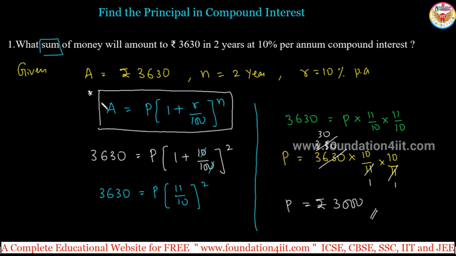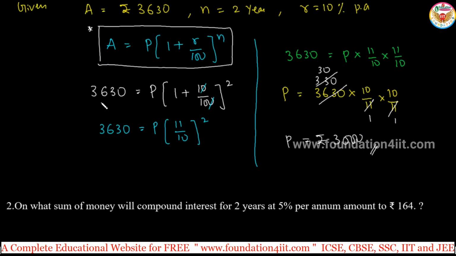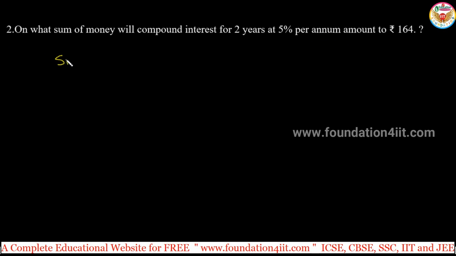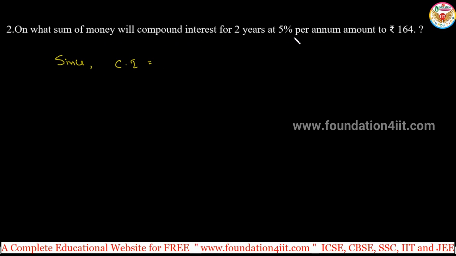Let us see one more question, same concept, so you'll get a clearer idea. Okay, so this is the problem here. On what sum of money will compound interest for 2 years at 5% per annum amount to 164? So 164, since we already know compound interest is equal to, compound interest you have to calculate now.